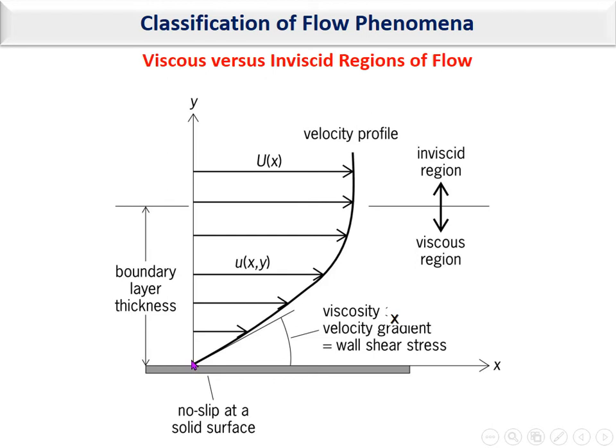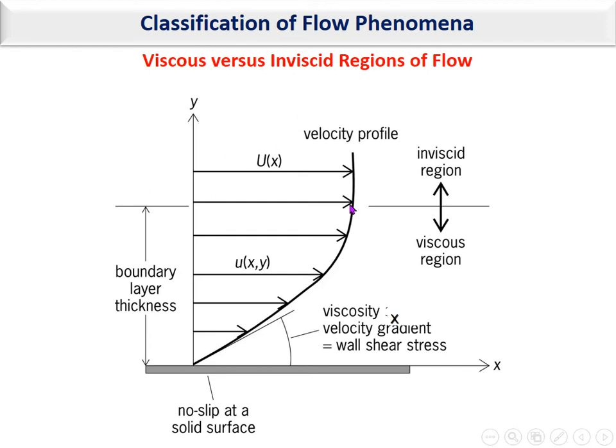But far from the surface, in the y direction, as you can see, the flow velocity will be increasing. Up to where? The flow velocity will increase up to the point where it reaches the velocity of the outer layer, or free stream velocity as they say.